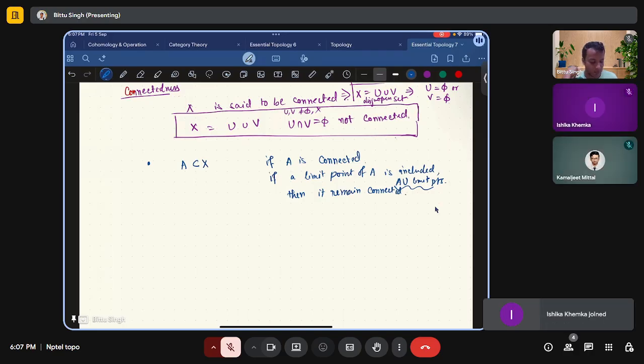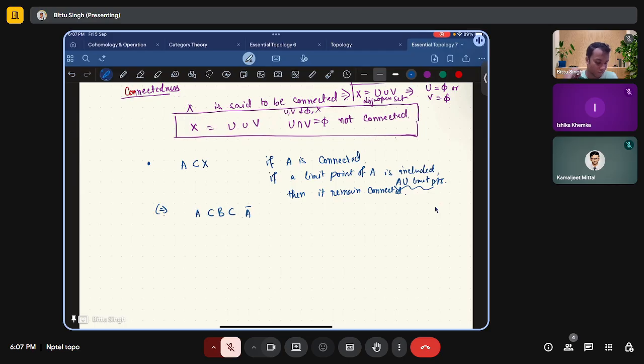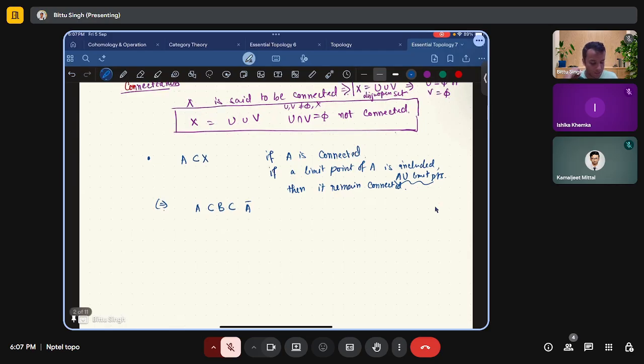The property says if you choose a set between A and the closure of A, that is, if B is contained in the closure of A and B also contains A, and A is connected, then B is also connected.